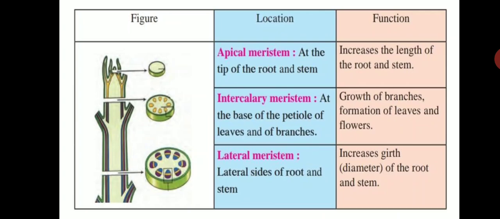Because in the plant body there are some points, from those points the growth of the plant occurs. So the cells which form the meristematic tissue contain thick cytoplasm, nucleus, and the cell wall of these cells is thin and all the cells are compactly packed together.